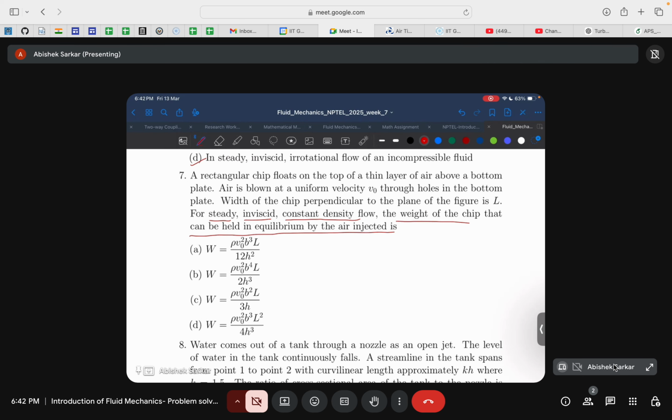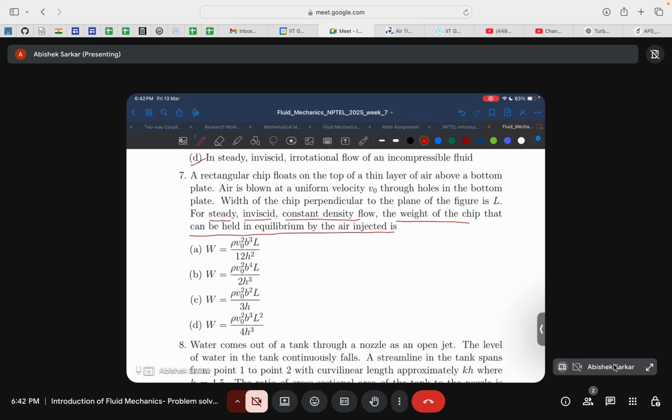So if we want the weight, it seems we need to find a pressure field, to find the pressure exerted by the flow of fluid from the pores on the plate.